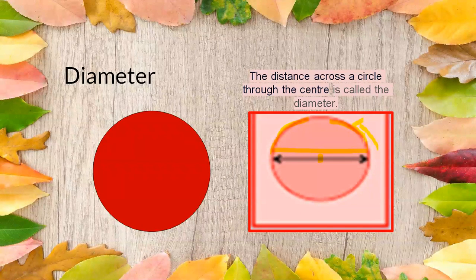That is not broad from here. It's not the broadest part, it's a chord. A chord is quite different, it is not passing through the center. But the diameter is the line that must pass through the center. So the distance across a circle through the center is called the diameter. Diameter is always represented by a small d.